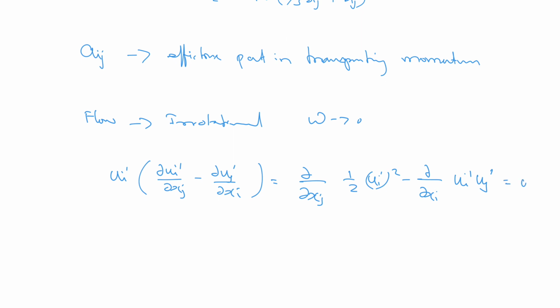This equals 0. From this we can arrive at ∂k/∂x_j equals ∂/∂x_i of u_i dash u_j dash. So these Reynolds stresses are related with the turbulent kinetic energy, and also you can see that there is no influence to the mean flow. That's what you can arrive at.